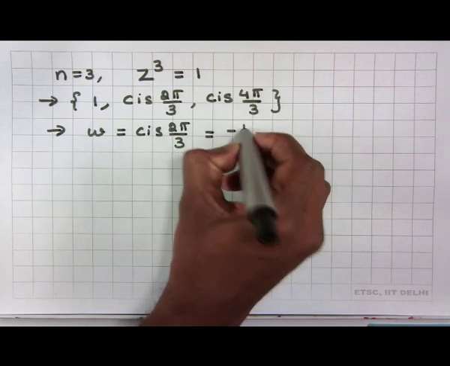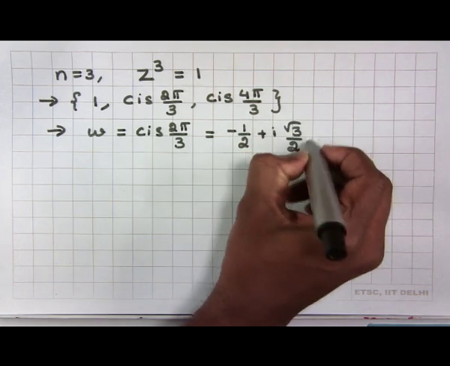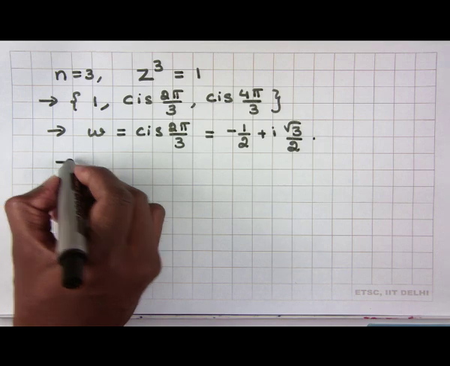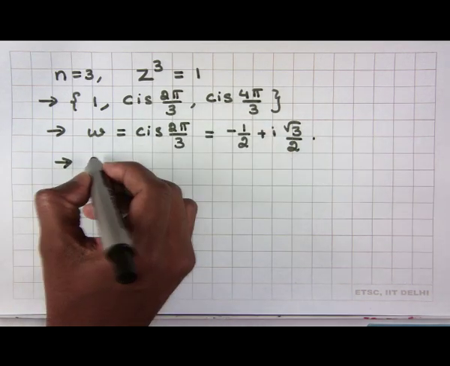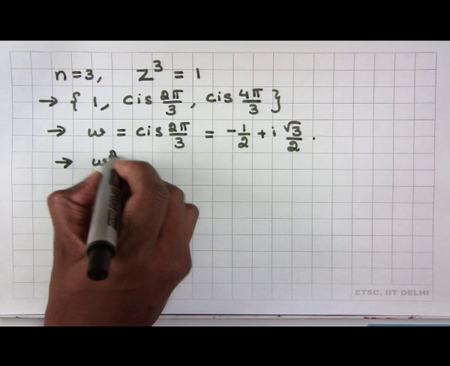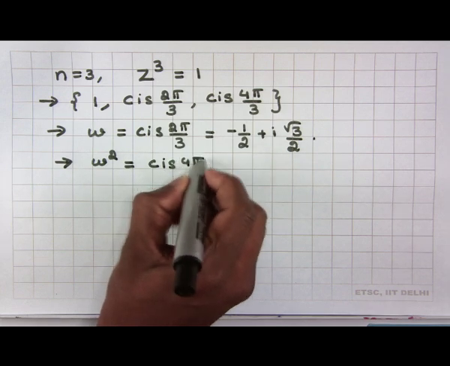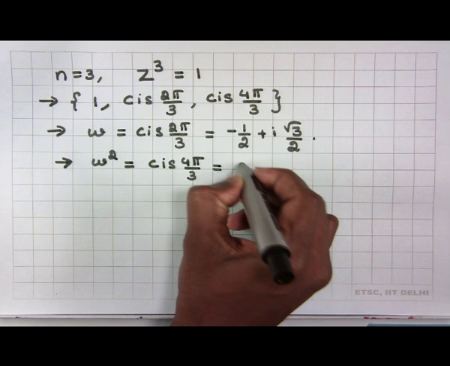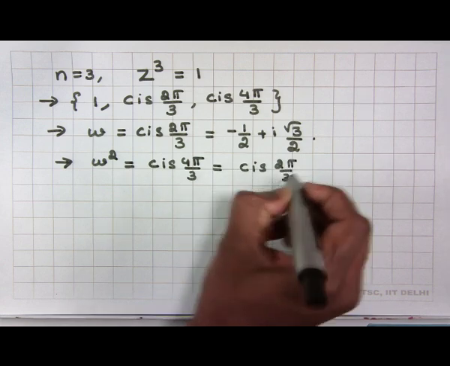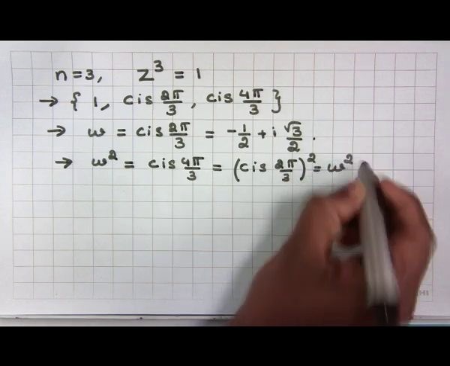We get the value as minus half plus i root 3 by 2, and the next term, cis 4 pi by 3, is nothing but omega square.